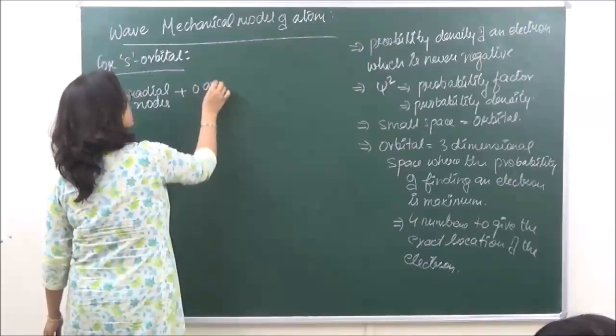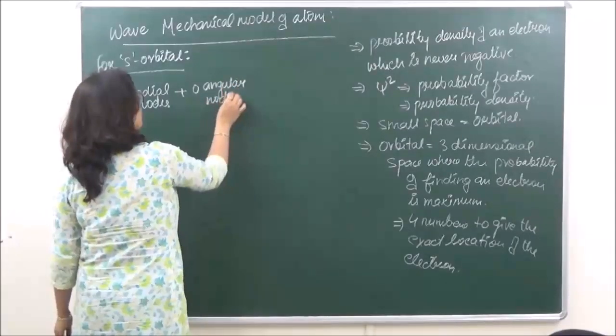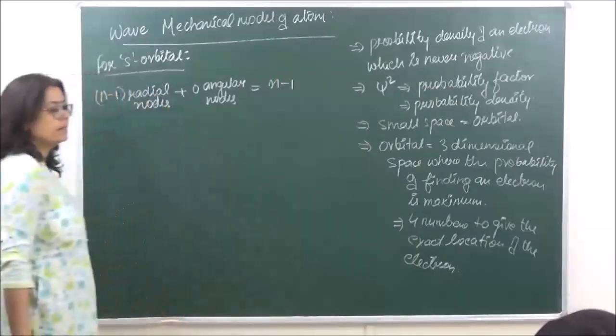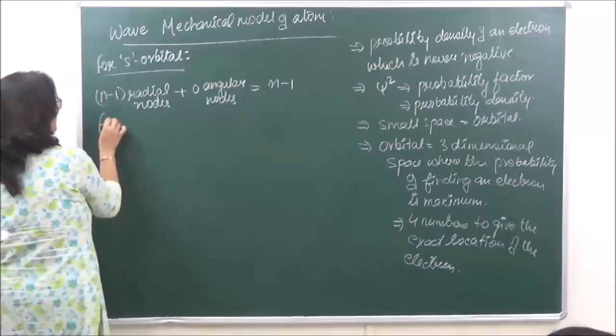So there are 0 angular nodes over here. So the total number of nodes becomes equal to n minus 1.